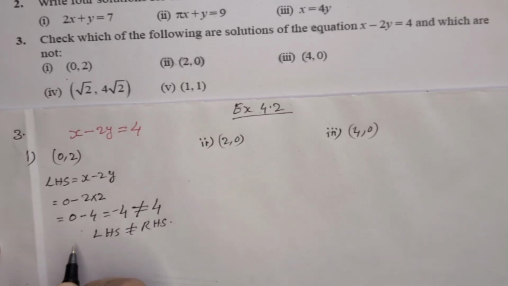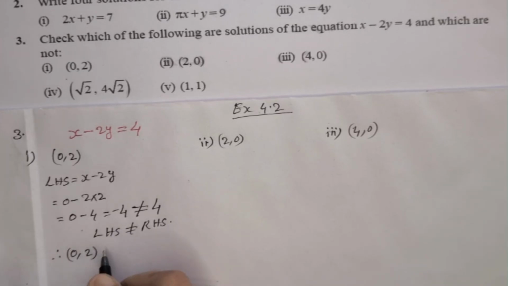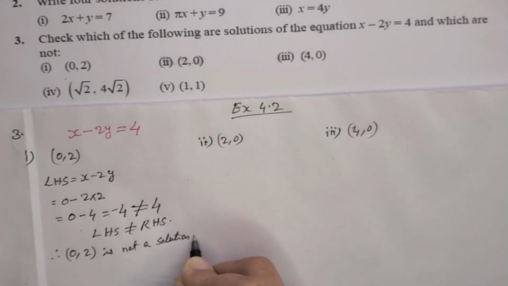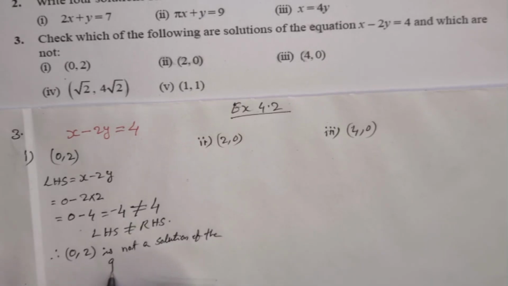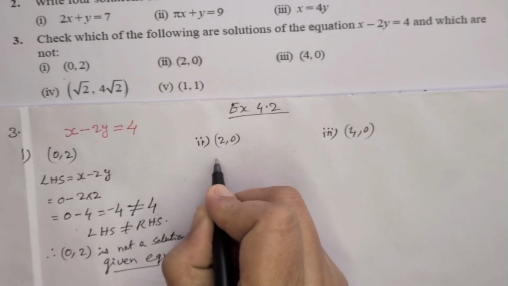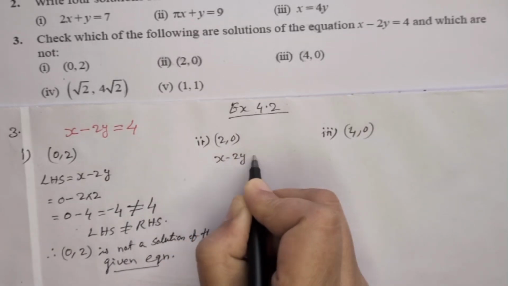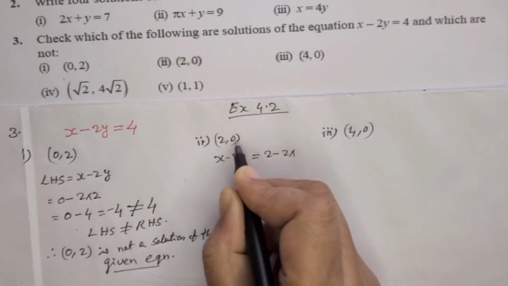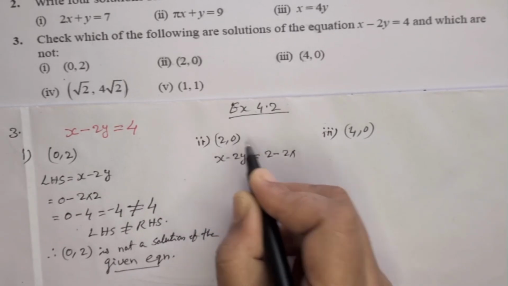So what we can write? Therefore 0, 2 is not a solution of the given equation. Now we can check the same way with the 2, 0. Here LHS is x minus 2y, which is equal to, value of x, that is 2 minus 2 into 0, for in place of y 0.